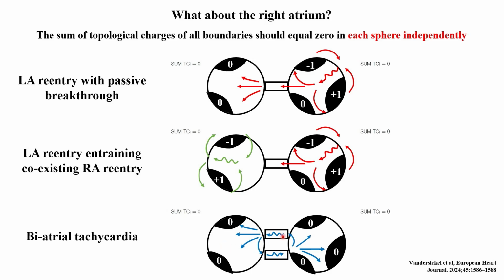Topologically, they're very simple to explain. Look what happens in the biatrial tachycardia. You get activation of the atrium via this input. All the boundaries you will see there are embraced by parallel activation. The topological charge is 0 in the left atrium, but also for the right atrium. So physically, it behaves like re-entry should behave, but it's a new tachycardia that we are now seeing more and more.